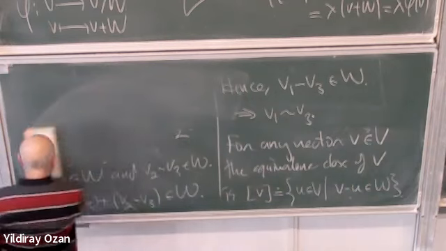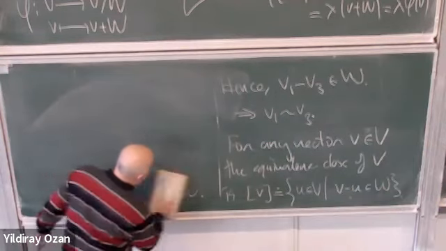What is the kernel of this? What are the elements which are mapped to 0?